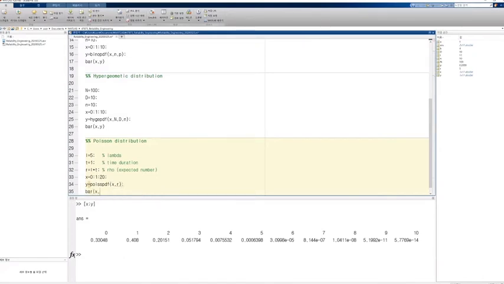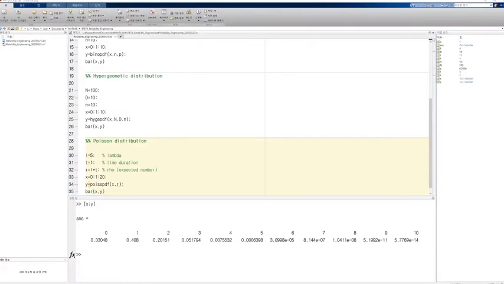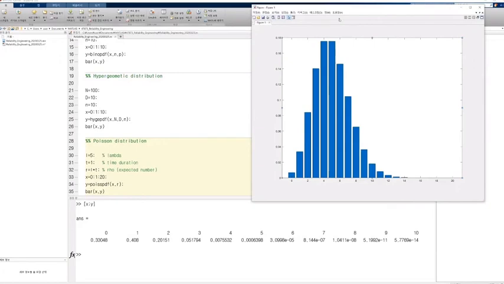So this would be the probability distribution for the number of cars for the next 1 hour.